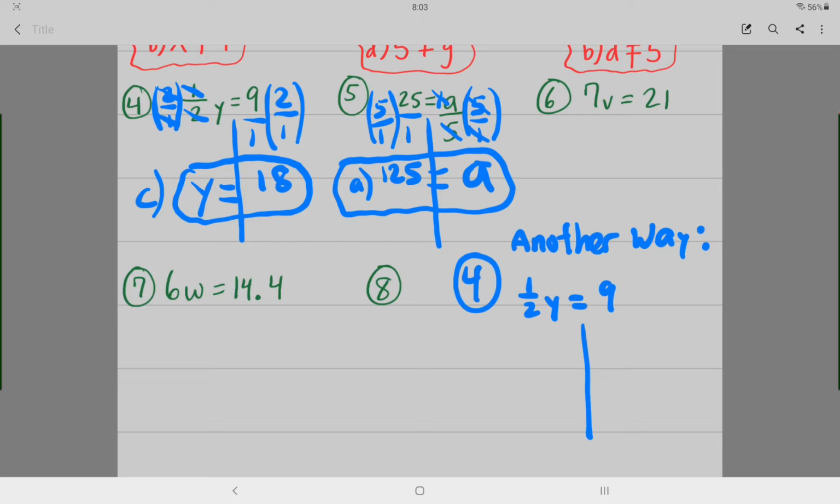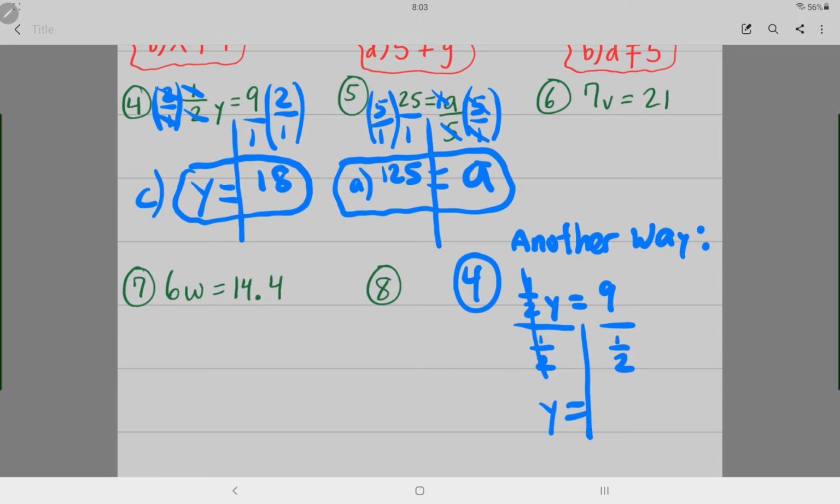So instead of multiplying 1/2 times y, we can divide by that coefficient of 1/2. And whatever we do on one side, we have to do the same to the other side. So 1/2 divided by itself, we know is 1. We can cancel that. Bring down y, bring down equals.